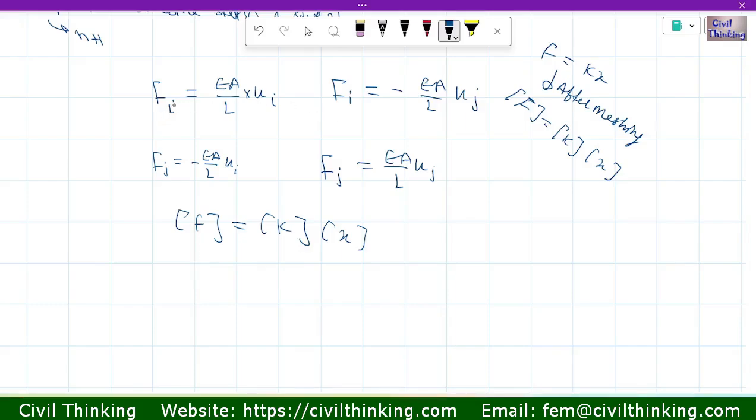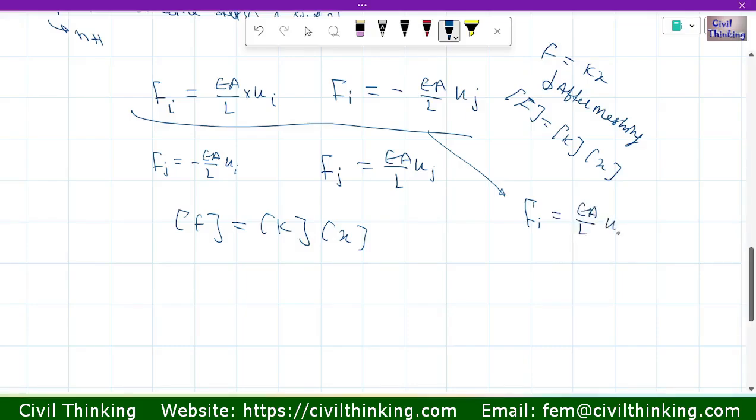Now I will combine all of them. So from these two, I will get the value of Fi to be what? Fi is going to be EA by L times Ui, minus EA by L Uj, right? So from here Fi is going to be EA by L common, times Ui minus Uj, right?